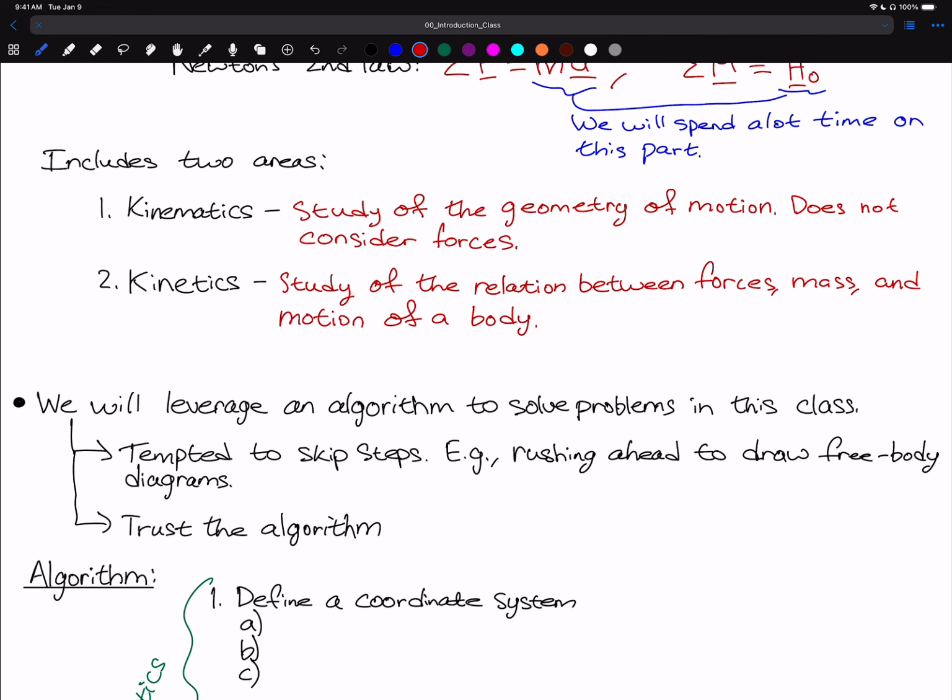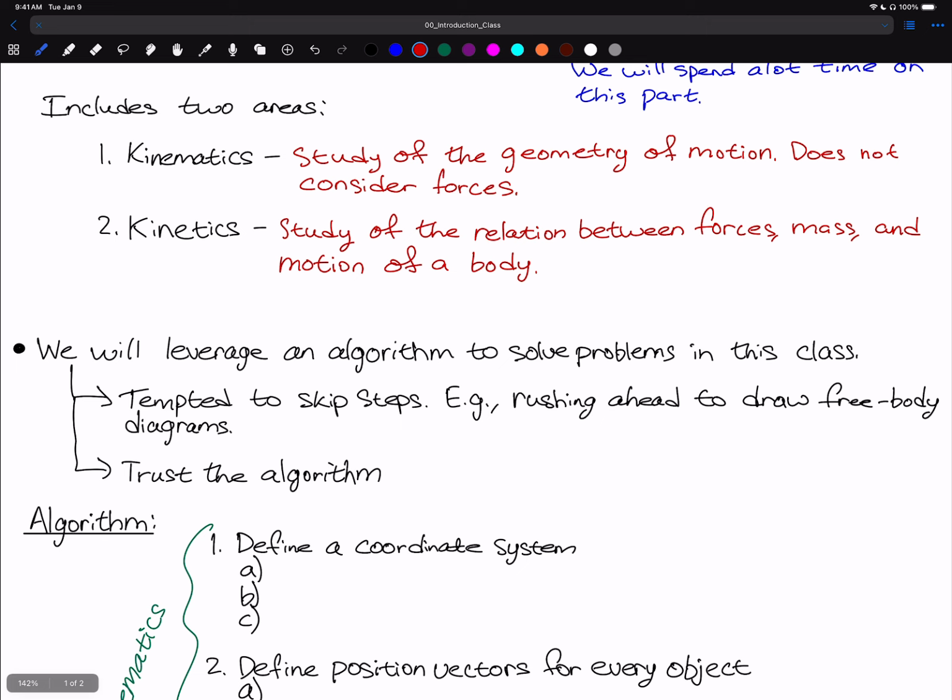And we need kinematics to study kinetics. So you cannot study kinetics without kinematics.